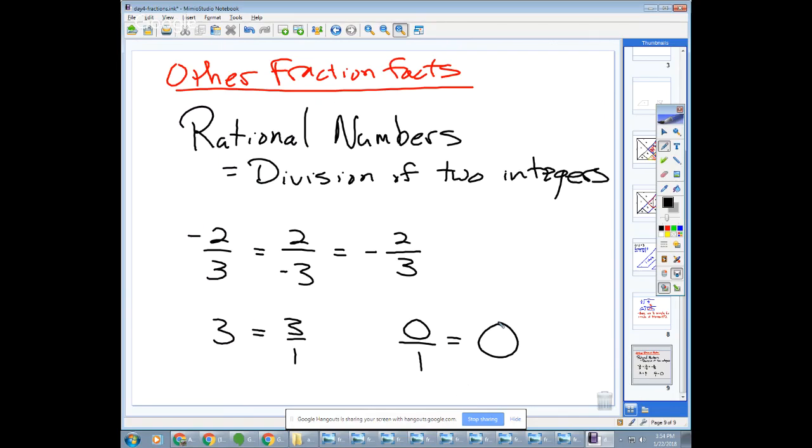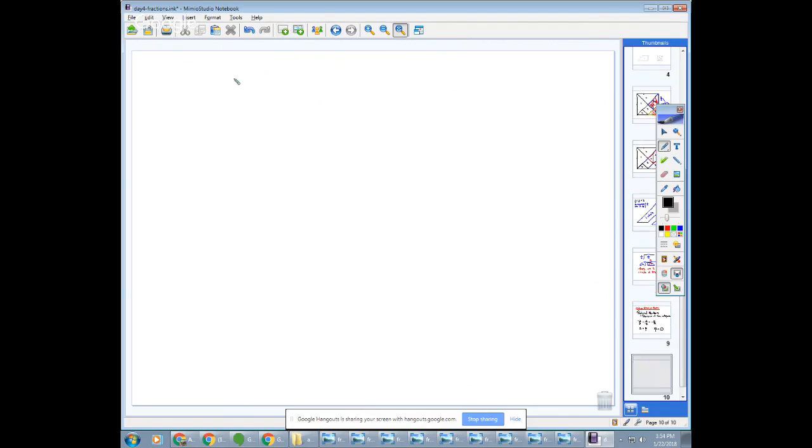Does that mean every number that we know of is rational? How about 2.5? Would that be written as the division of two integers? Over 1, yeah. Okay, but if I write it over 1, the bottom is an integer, but the top is not. So that's not a proper rational number yet. But I could fix it.